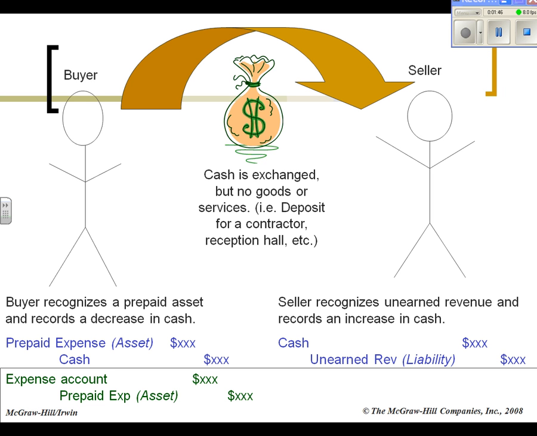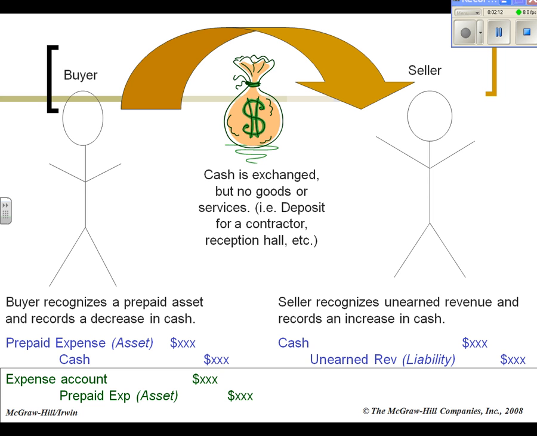All right, so we have a buyer, and the buyer is going to recognize a prepaid asset and record a decrease in cash. Let's use an instance here, the bagel shop. In this instance, the bagel shop will be the buyer, and the buyer is renting out a location for their bagel shop.